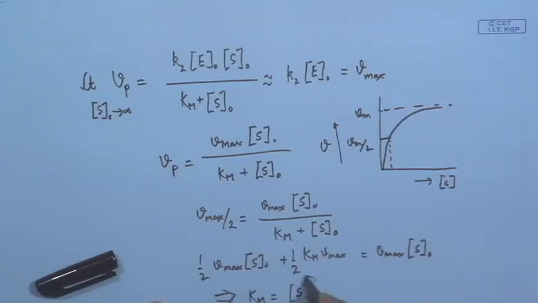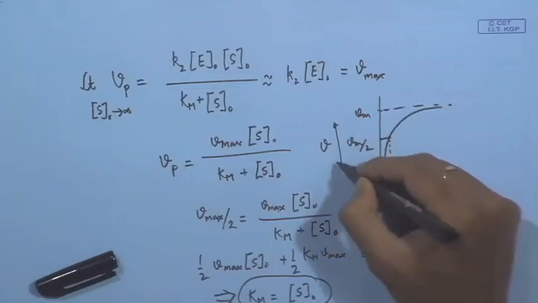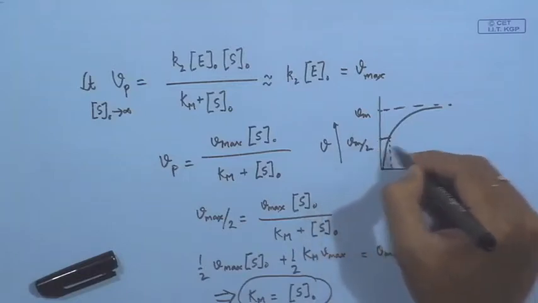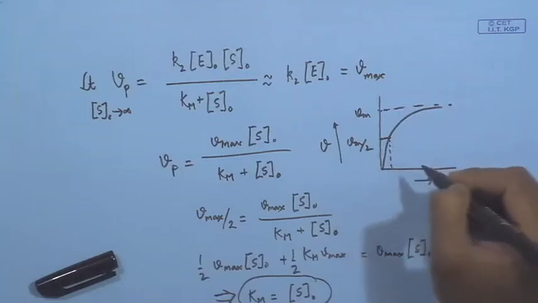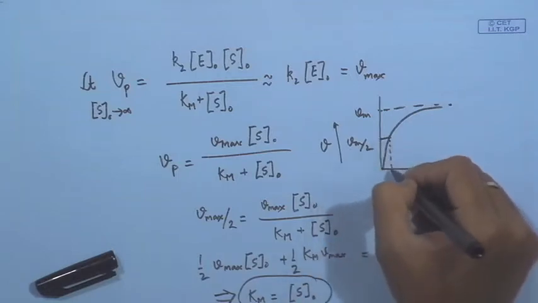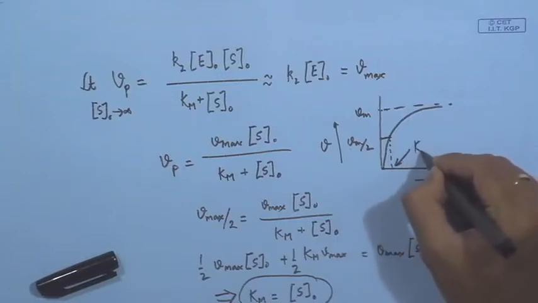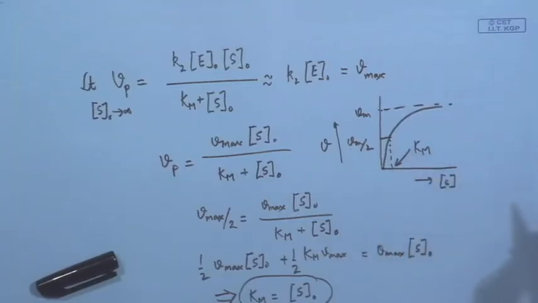And this happens with this condition, that when your V is V max by 2, then the corresponding substrate concentration is nothing but your Km. So, Km is nothing but the substrate concentration at half maximal velocity. Okay, that is why I have chosen this V max by 2. So, you can write this as Km, the substrate concentration at half maximal speed.